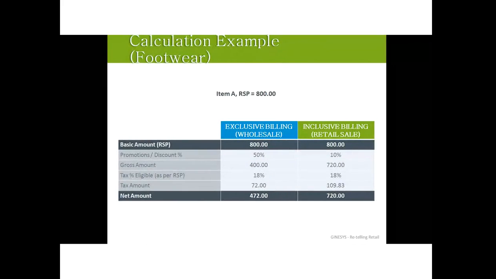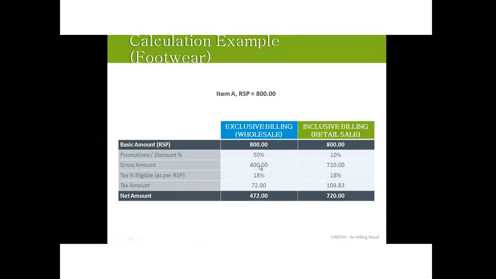Now let's first have a look at the calculation example of footwear. See, if the RSP is 800, and we discuss wholesale, taking only one quantity, the basic value comes to 800, and if a 50% discount is applied, then 400 will be the gross amount.